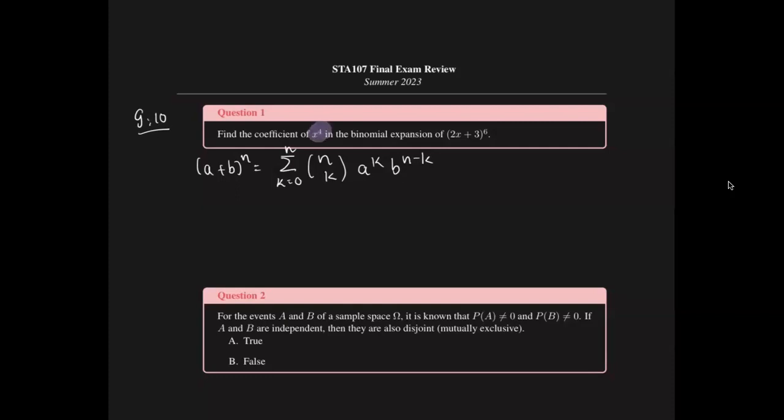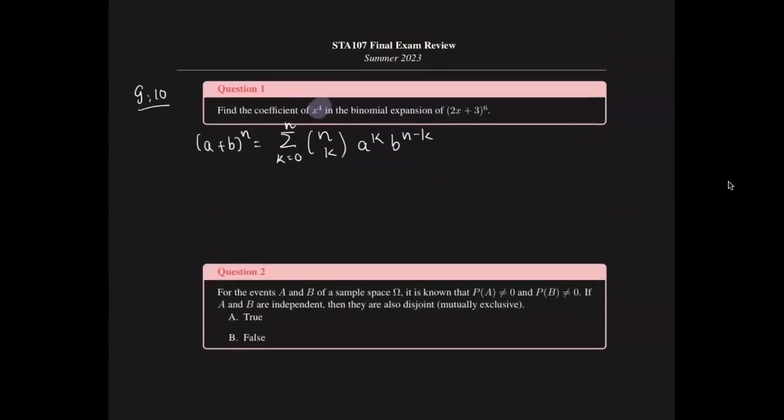We want the power of x to be 4. And observe that each term, when you expand this exponent, it will have this form. So it will always be in the form of 6 choose k, 2x to the power of k, and 3 to the power of 6 minus k. So every term in the expansion will have this form. And we want x to the power of 4. And x to the power of 4 happens when k equals 4.